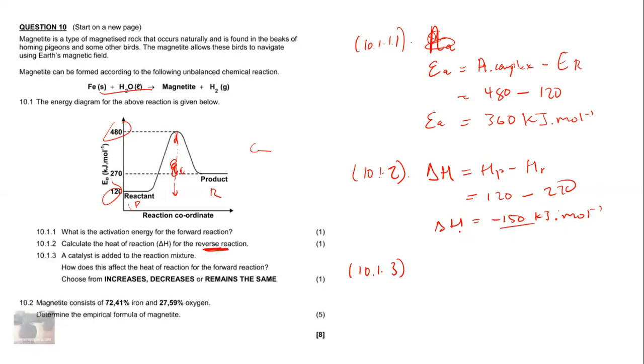Well, a catalyst just speeds up the reaction. The reaction will happen faster. That's what catalysts do. So in this case, it will remain the same. The only thing that a catalyst does is make the reaction happen faster. Okay, the rate of reaction, that's what a catalyst does. So remain the same.